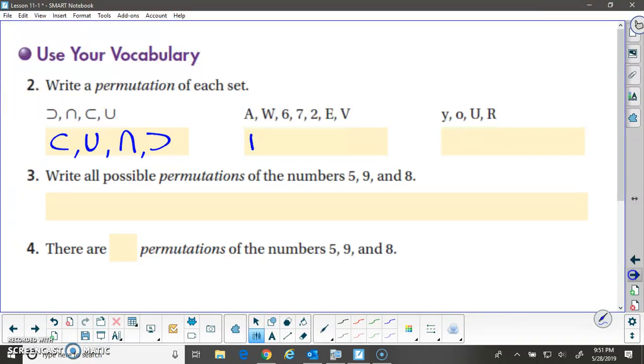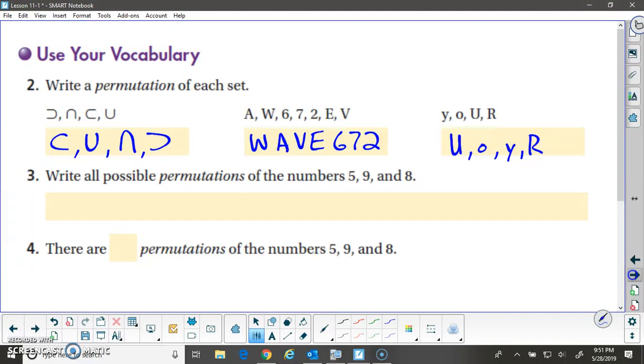Next one, WAVE 672 would represent one of the permutations of those objects. And then lastly, UOYR represents a permutation of those objects. So again, a permutation is simply an arrangement of items in a particular order.